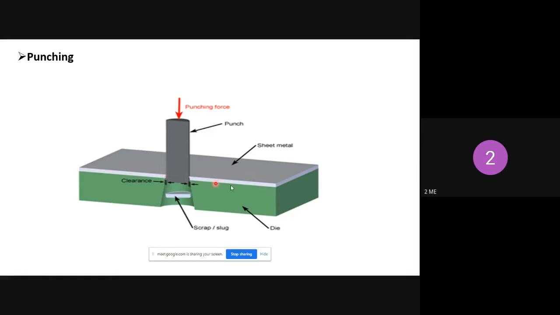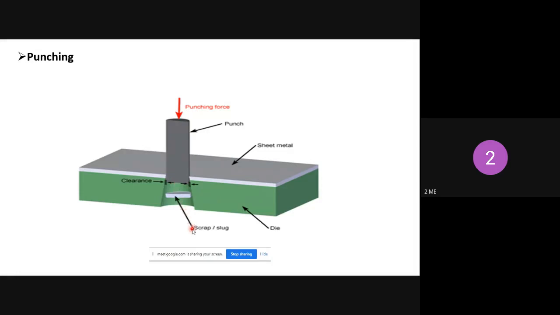Here also, the workpiece, which is nothing but sheet metal, is placed in a die and pressure is applied to the sheet metal with the help of a punch. A round-shaped punch is used. Here there is a die opening, and with the help of the punch pressure, a certain portion of the sheet metal is removed.